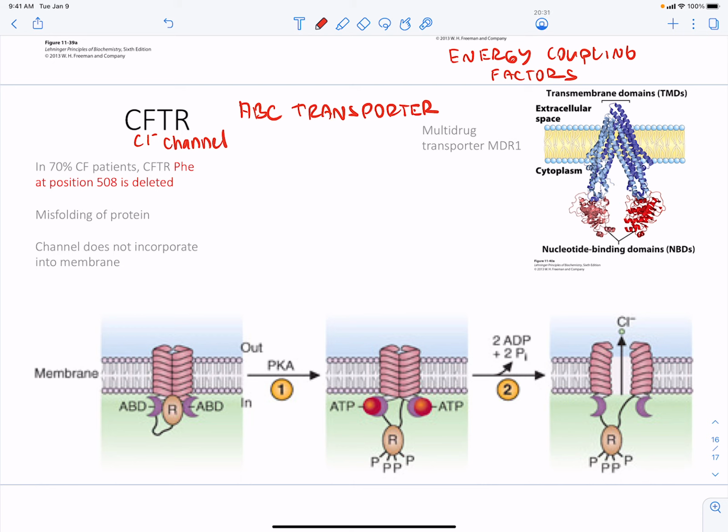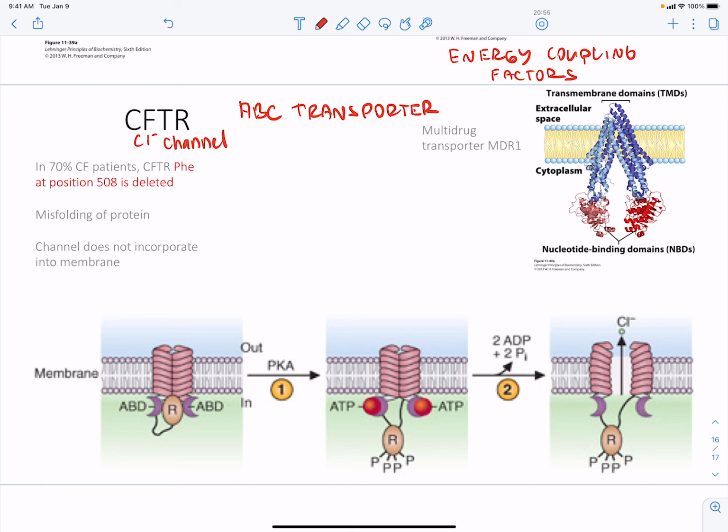These are large membrane transporters, and they're going to transport a lot of things. Here I also have another one for transporting drugs, MDR1, a multi-drug transporter that is part of the ABC transporters.